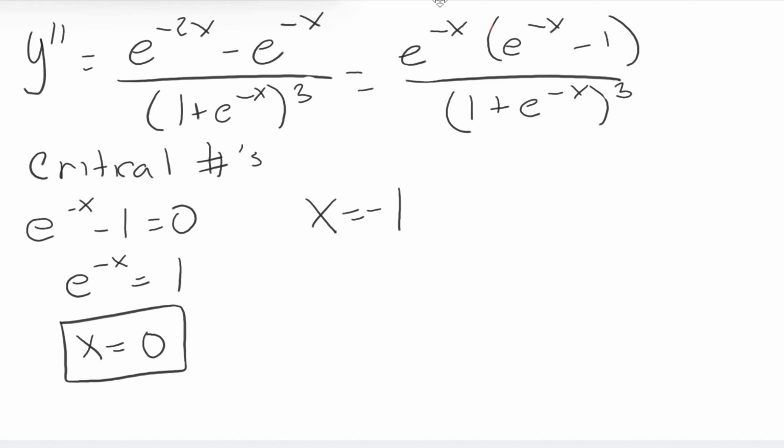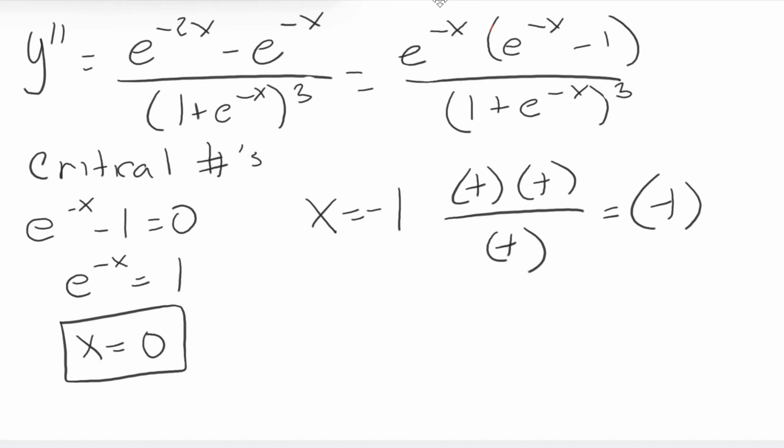Yes, because e is 2.7 something. So I have positive, positive, and this is also going to be positive. Notice, I don't care what the number is. I literally only care if it's positive or negative. The only one I had to do any little calculation was that one, and I just had to know that e was bigger than 1.